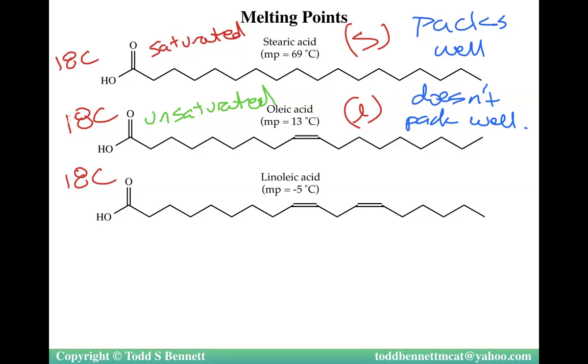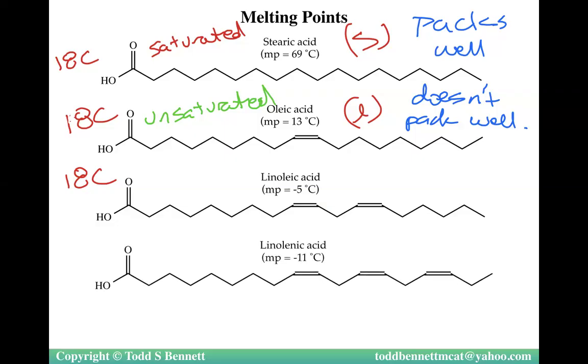So flexible molecules have strong interactions, they pack well, melting points higher; more pi bonds, less and less. And finally, linolenic acid, even lower. But now it becomes diminishing returns. 1 pi bond significant, another pi bond still noticeable, and then 3 or more, it starts to be just a moot point.